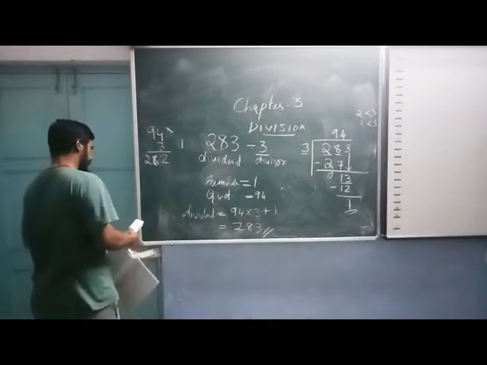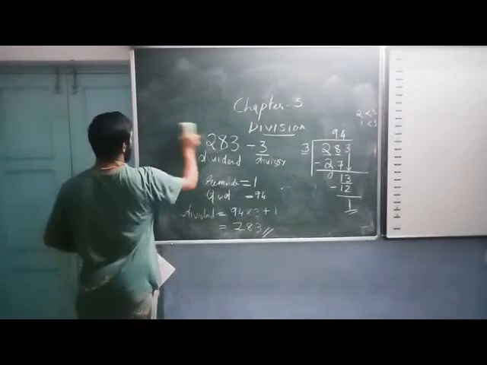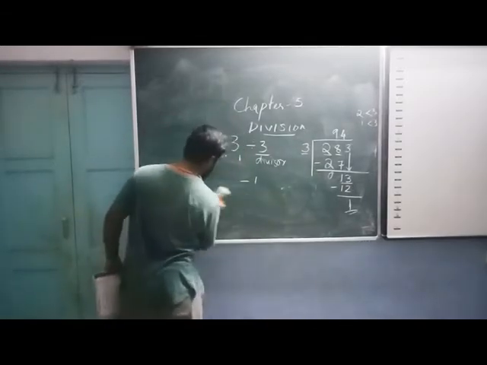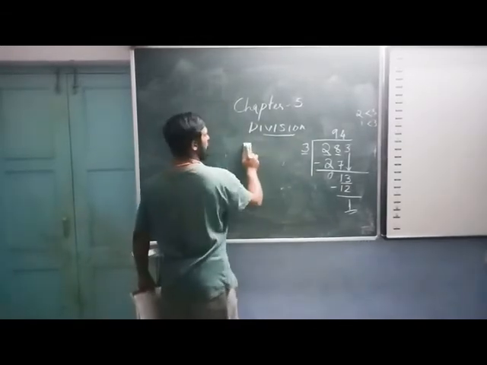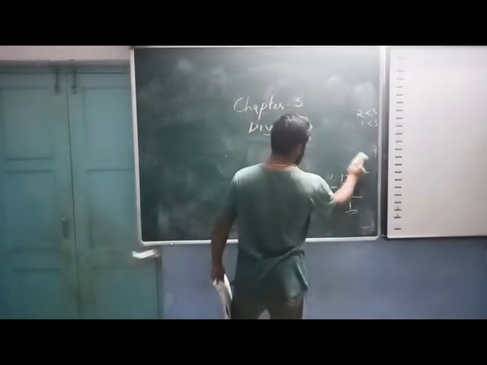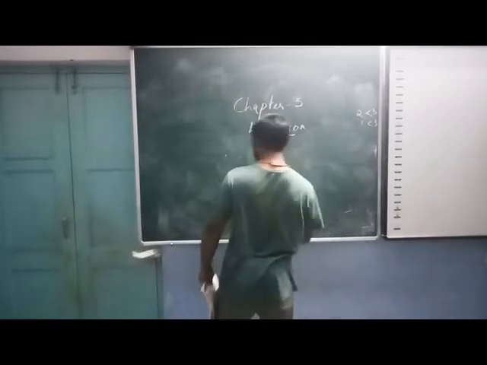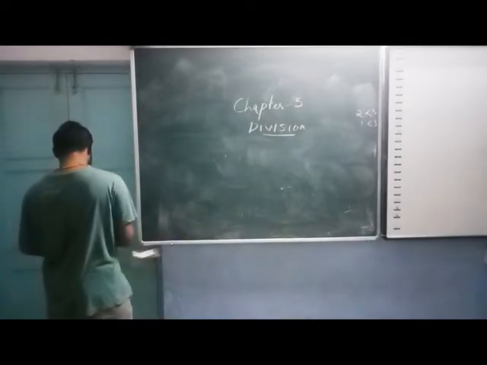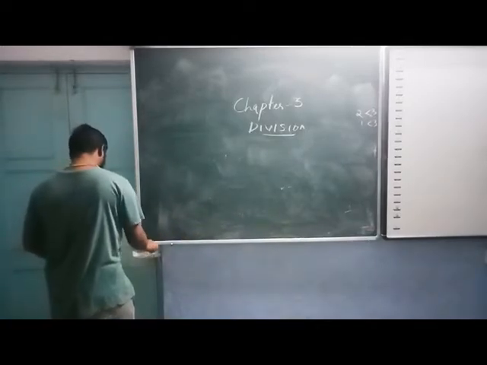Now let us take the division of a 3-digit number with a 2-digit number. Let us see how we can do it. So how do we do it?